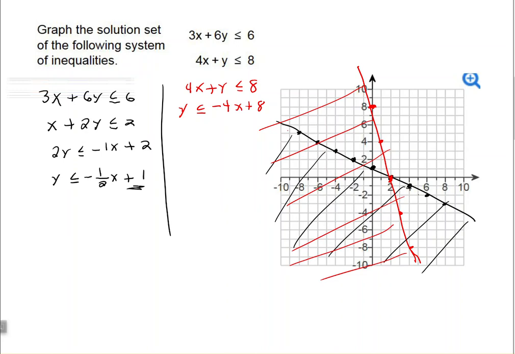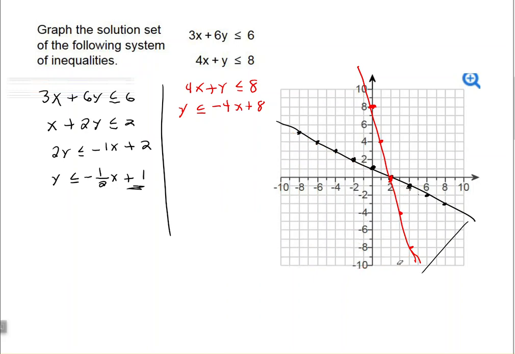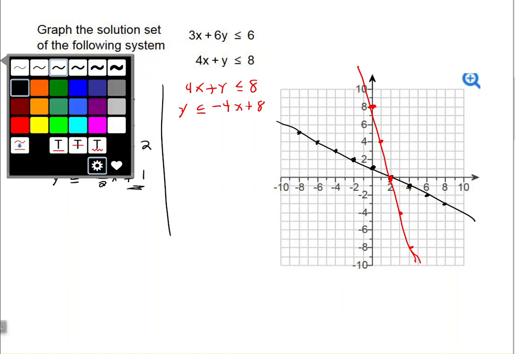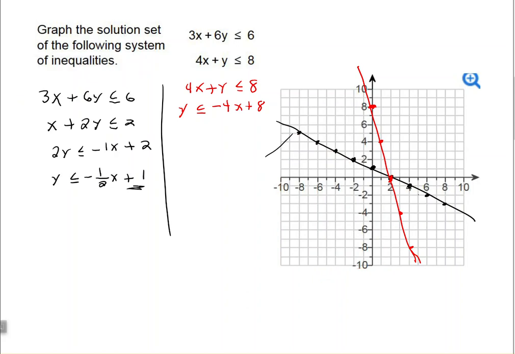Now my solutions overlap right in this area there. So the actual solution for this set would be everything in here.